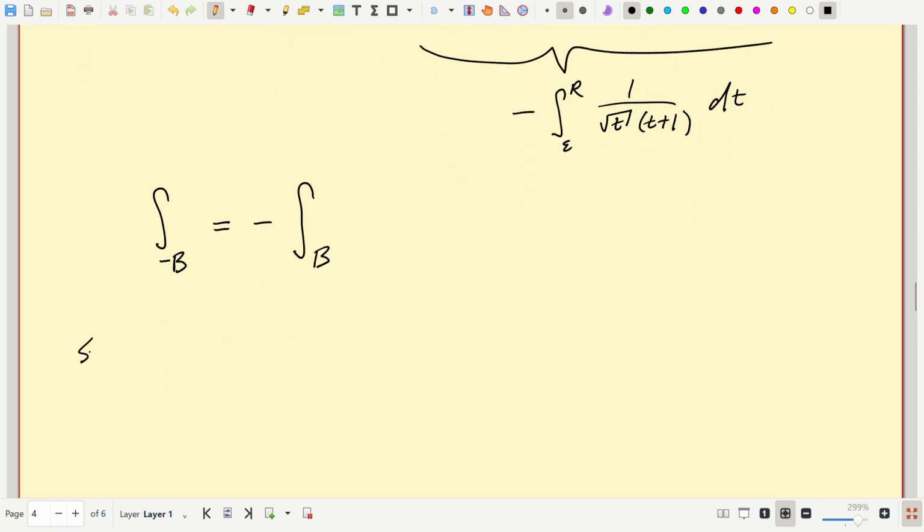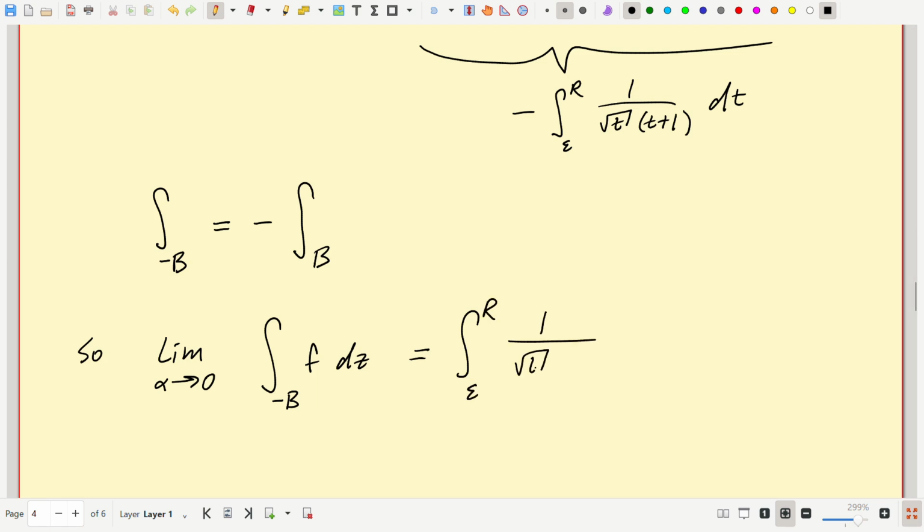So the limit as alpha goes to 0 of the integral along minus b of f dz is equal to the integral from epsilon to R of 1 over the square root of t times t plus 1 dt. And I want that.